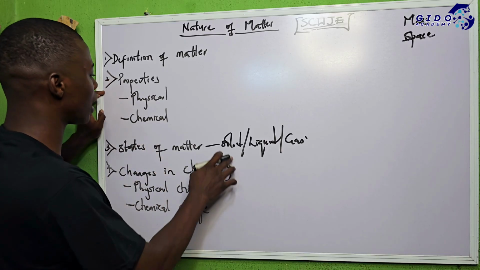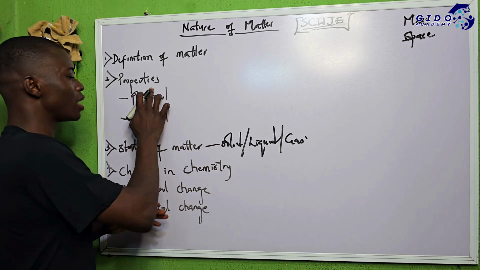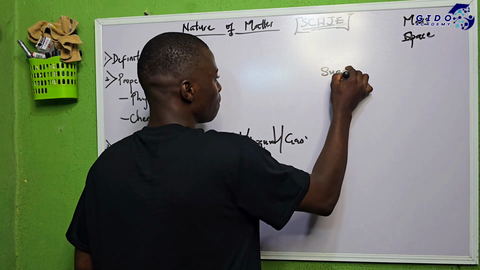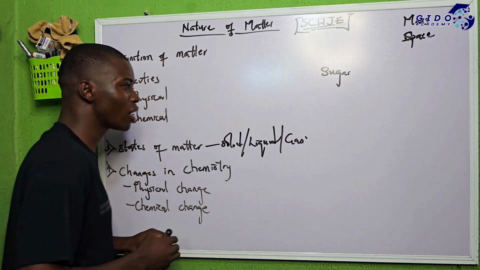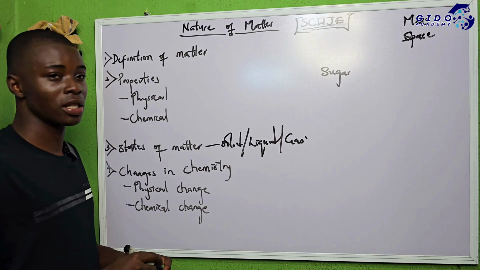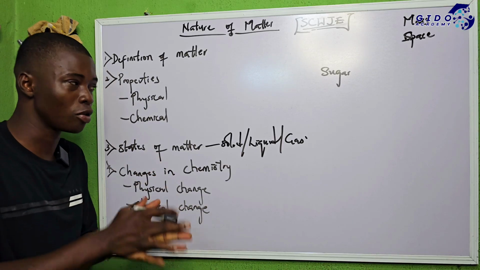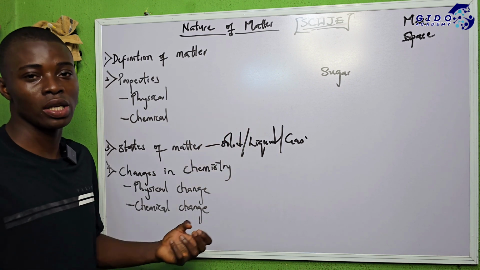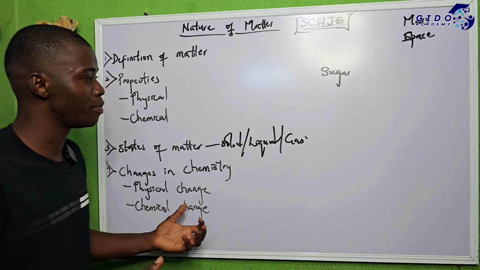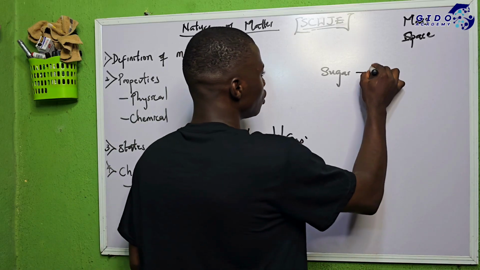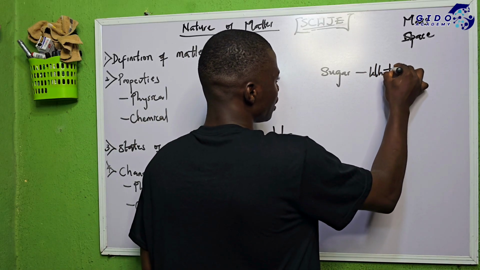But before we look at these three states of matter, there is need for us to talk about the properties of matter. Let's use sugar as an example. The reason why we have a particular number in a pack of sugar is because sugar is matter, it has weight, and it can as well occupy space. Now let's take a look at this sugar. The first thing that will come to your mind is sugar is white.